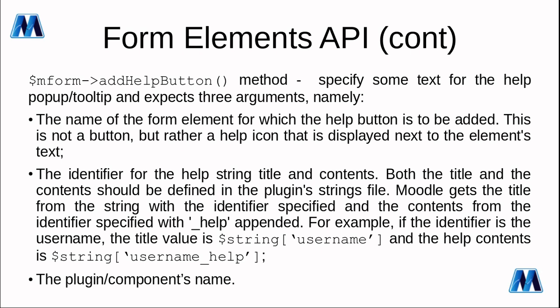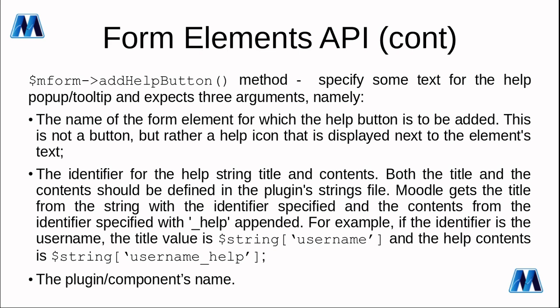Now we've come across this, we've seen the help button in action in our previous examples, and we've even specified the help for a couple of our forms before. Okay, so this method requires the name of the form element, so you can tie the two together, and really it's not really a button, it's more like a help icon that's displayed next to the element's text.